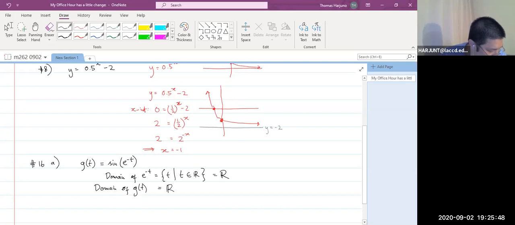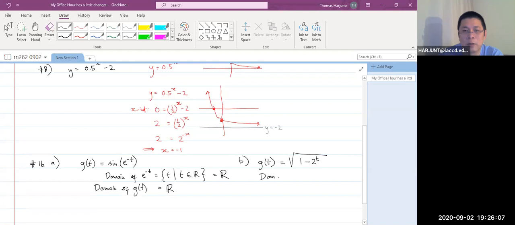Now, however, how about part B, where g(t) is the square root of 1 minus 2 to the t. Now that's the square root, right? So the domain of g(t) must be all the t where 1 minus 2 to the t is greater than or equal to 0.